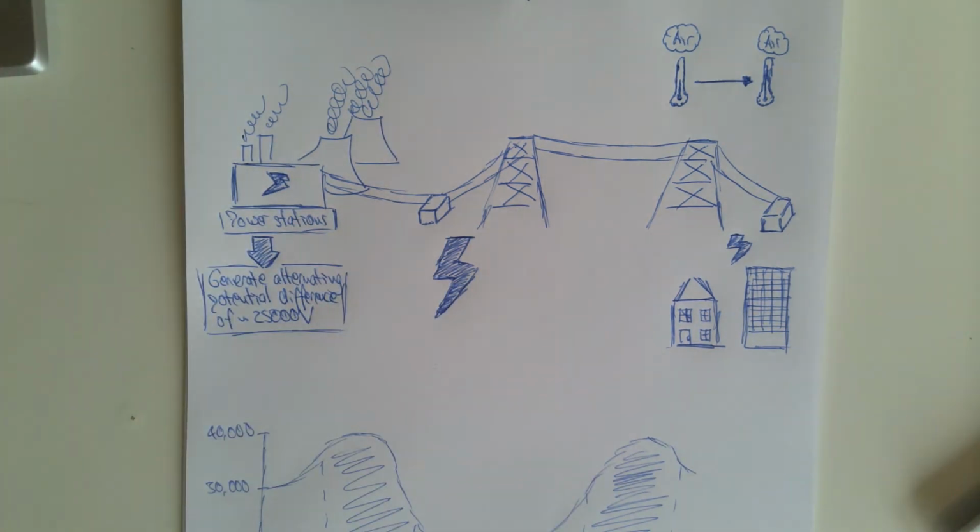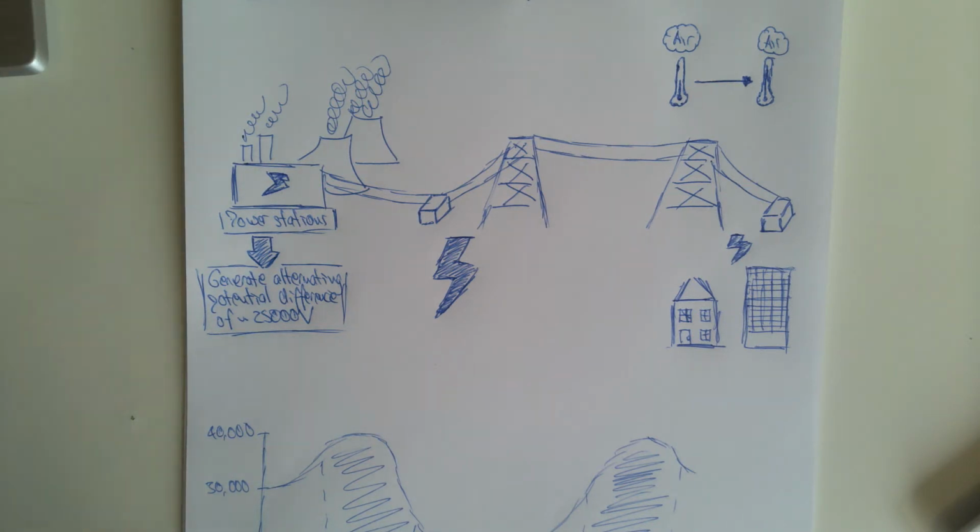Now, obviously, once those power stations have generated that electrical power, the power then has to be supplied by the flow of current through cables. Thing to bear in mind is that when we've got electrical power traveling through cables, it has to travel a long way from the power station to a consumer in order for us to plug in the things that are in our houses and consume that electricity.